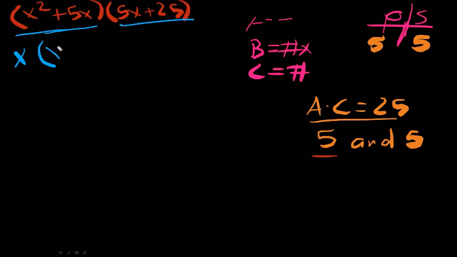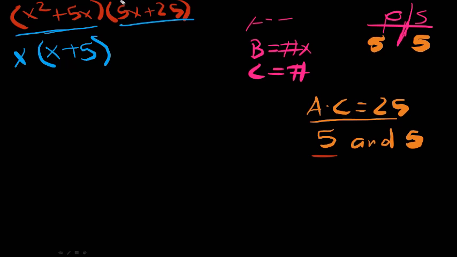That leaves us with x plus 5. And if you're unsure whether you took the GCF out correctly, you can just multiply whatever you have outside, distribute that. This equals x squared plus 5x. And that matches the parentheses.